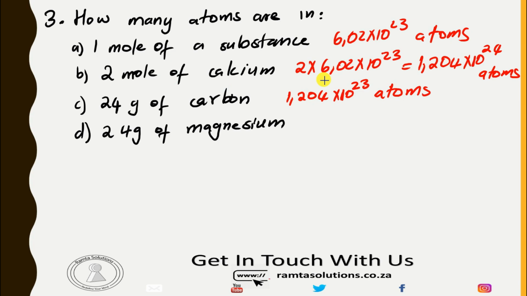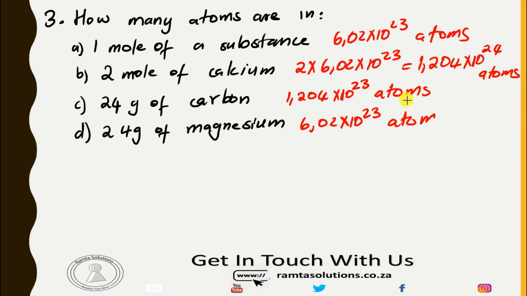Lastly, 24 grams of magnesium. When you go to your periodic table, you will realize that the relative atomic mass of magnesium is roughly 24, right? So this tells you that this is basically 1 mole of magnesium. So 1 mole of a substance has how many particles? 6.02 times 10 to the 23 atoms.